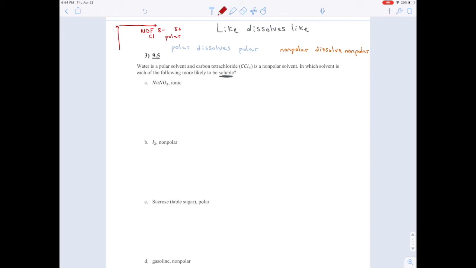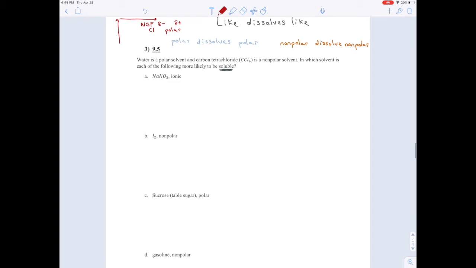Not only does it tell you whether things dissolve when they're put into other liquids, as we'll see in a second, but ultimately it's responsible for how cells are organized, and how your body transports the things that you eat. So it's a profound principle that will come back again when you look into biochemistry.